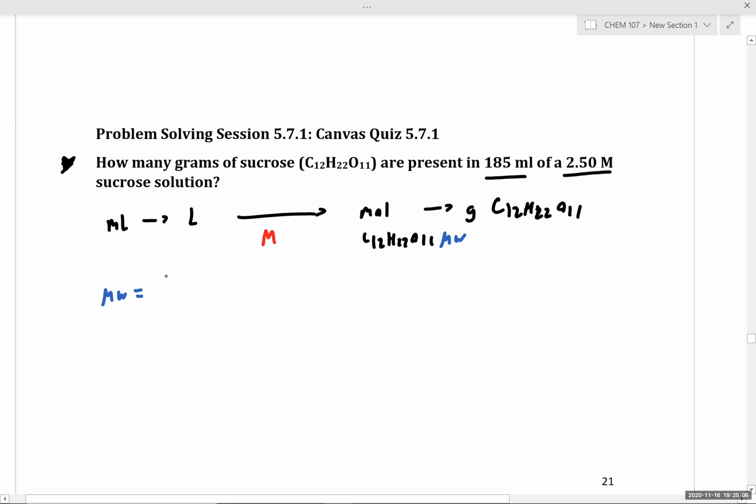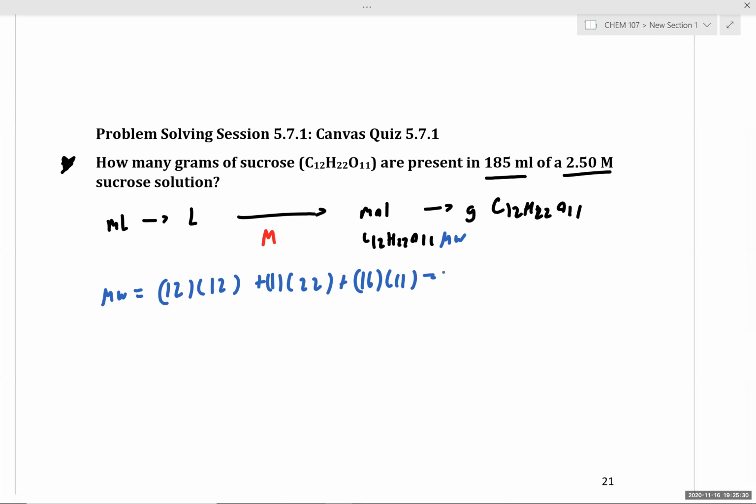So for our molar mass, for C12H22O11, we have 12 times 12 plus 1 times 22 plus 16 times 11. And that in turn gives us a molar mass of 342 grams per mole. Okay, perfect.